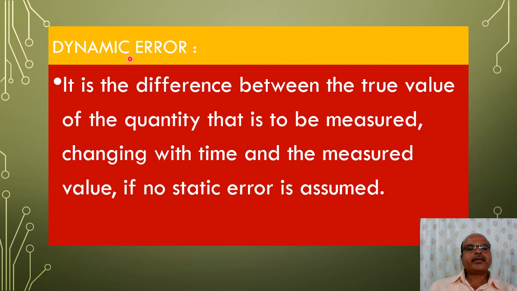Then next we have studied dynamic characteristics, where we have seen the lag term and the dynamic error. Previously we studied all these terms in detail. So keep in mind all these terms, and also write them down in your notebook, specifying the main important points, so you can recall all these terms in the exam.